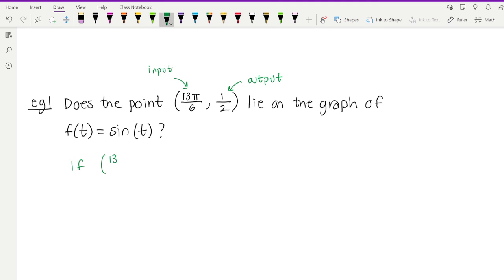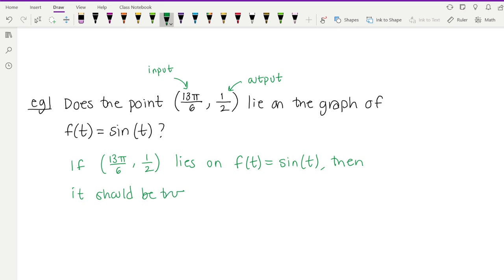If the point 13 pi over 6 comma 1/2 does lie on f of t equals sine of t, then it should be true that f of 13 pi over 6 is equal to 1/2, right? That's really what it's saying when you say a point lies on the graph of a function. If you plug the input in, you get the output.